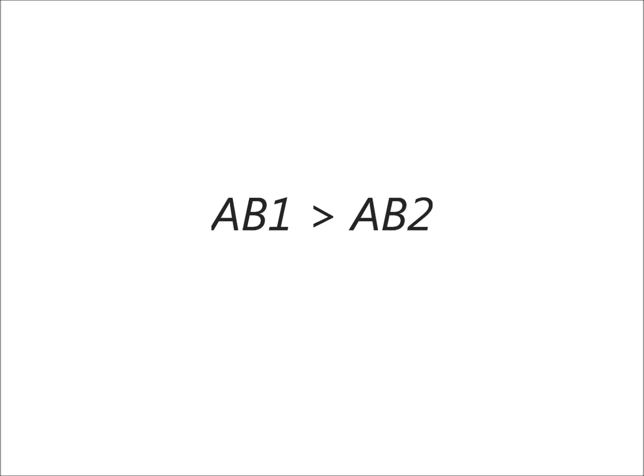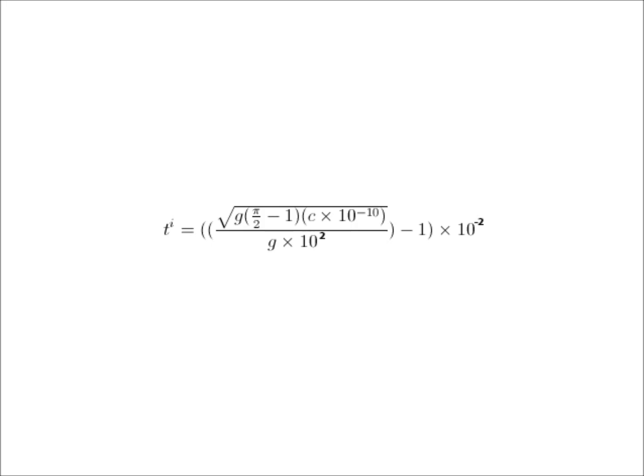Now, you may be asking, how can we determine the exact measurement of how long it takes for light to get from point A to point B? Well, this can be calculated with the barycentric time constant equation, which is: the time constant of an area of space-time is equal to the square root of the gravitational acceleration multiplied by the difference of pi divided by 2 minus 1 multiplied by the speed of light multiplied by 10 to the negative 10th.